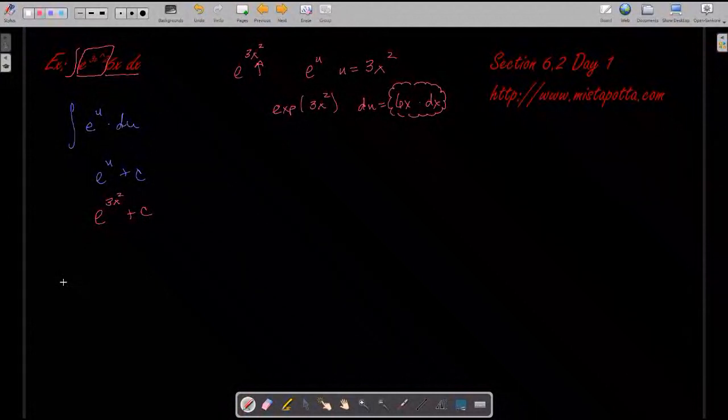So when I'm looking at these, I really need to take a look at these in terms of, do I have a composition of functions? And I'm always going to look to the most complicated part of my function to figure out what u is.